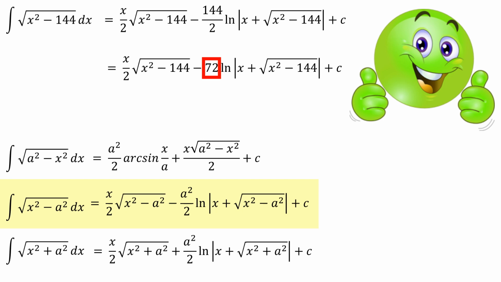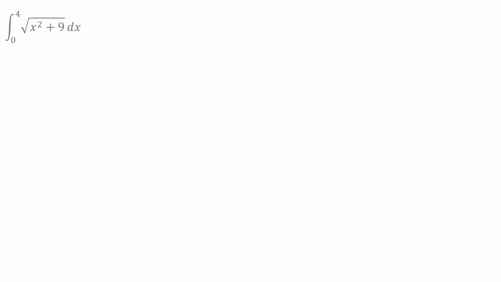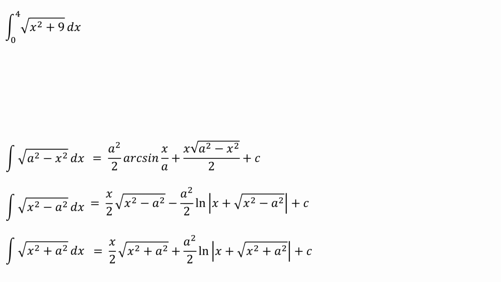Whew. Maybe there's another example. Ooh. Now this is super cool because not only is it another example, notice that it's a definite integral. We know the limits of integration. From left to right on the x-axis, we're going from 0 to 4. All right, so again, if I consult a table, which one am I going to use?